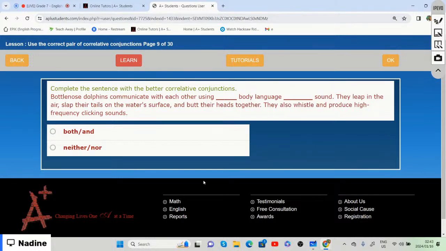So we have bottlenose dolphins communicate with each other using, do we say both body language and sound? So both body language and sound. They leap into the air, slap their tails on the water's surface, and butt their heads together. They also whistle and produce high frequency clicking sounds.